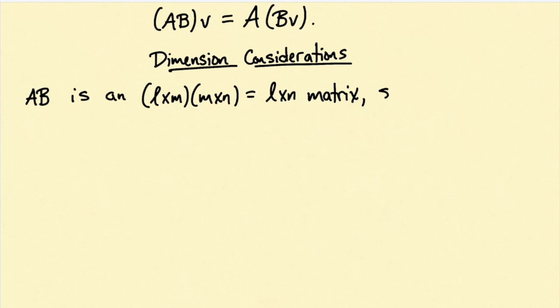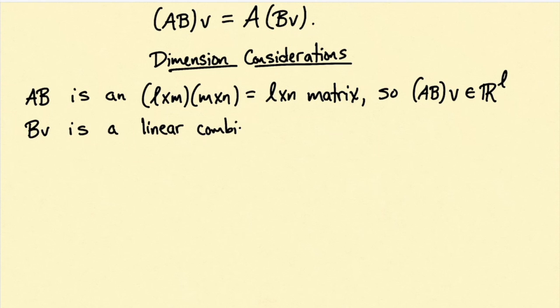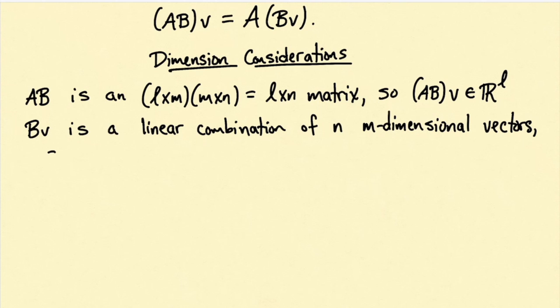The vector V is n-dimensional, so AB times V is a linear combination of the n L-dimensional columns of AB, hence is also an L-dimensional vector. B times V is a linear combination of the n m-dimensional columns from B. So BV is also an m-dimensional vector.